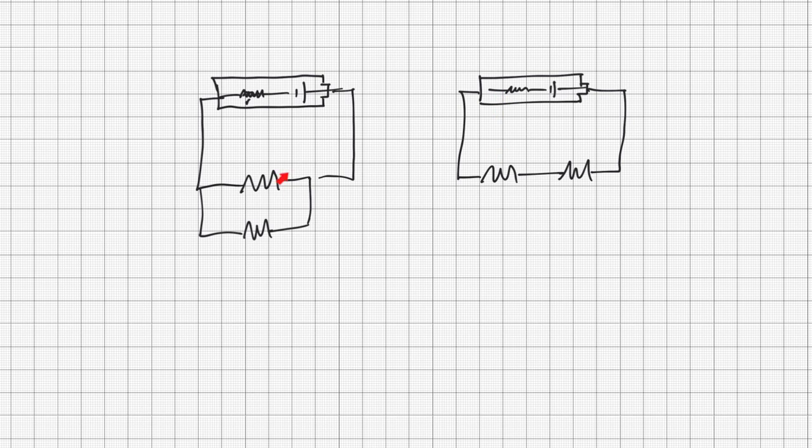It's important to understand, though, and remember that because power is I squared R, the current that flows through the battery is going to be different in each of these scenarios. Remember, resistance reduces the flow of current. When I add resistors in parallel, I get a smaller resistance.